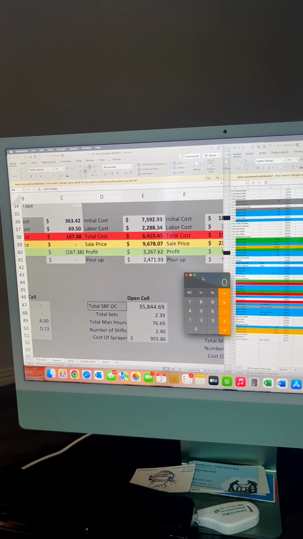At this point we've got 3,267 divided by 2.4, so here we're making $1,361. We could still go in at this number of 96.78. We could be competitive and we could get the job done.